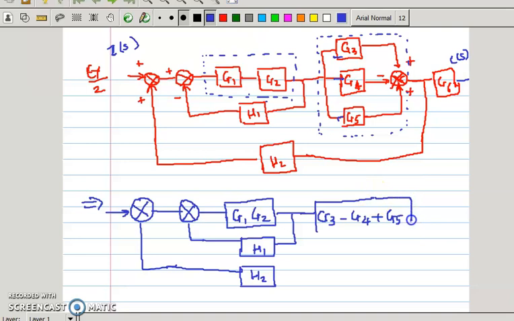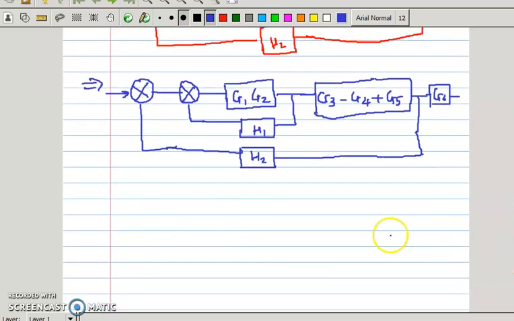That feedback comes from here to here, and the last one is G6. Here we used 2 rules, series and parallel connection. Just check my previous video for how these rules reduce the blocks.